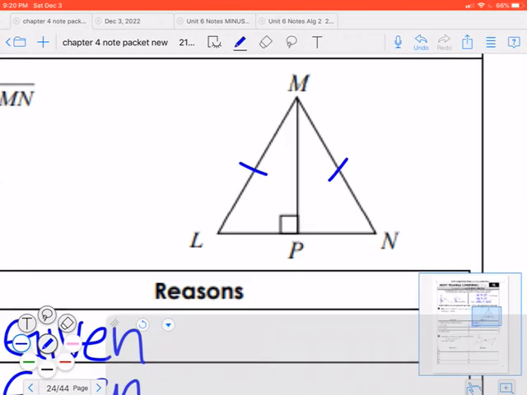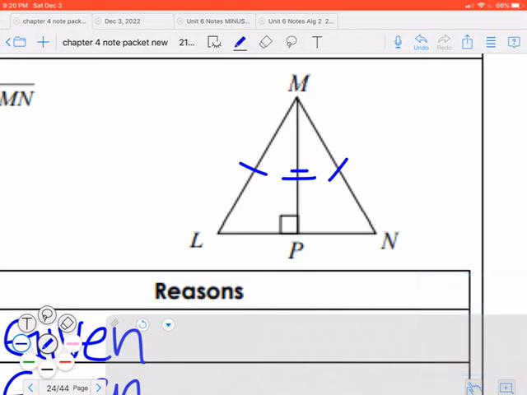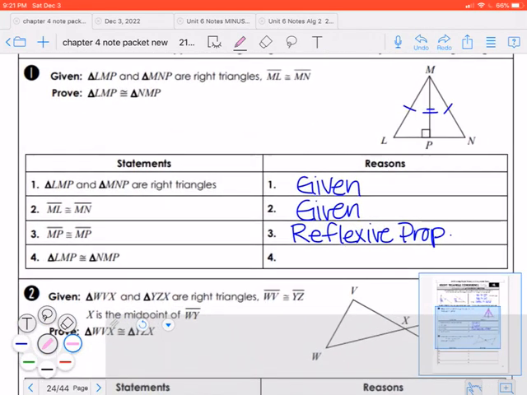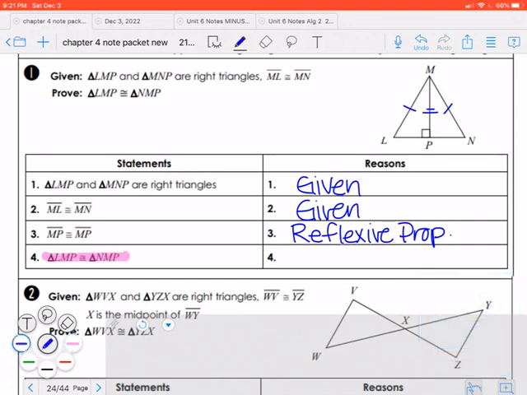So let's mark that. We've got the hypotenuse and a leg, and they're both right triangles. So we have HL, and we can now say that the triangles are congruent by HL.